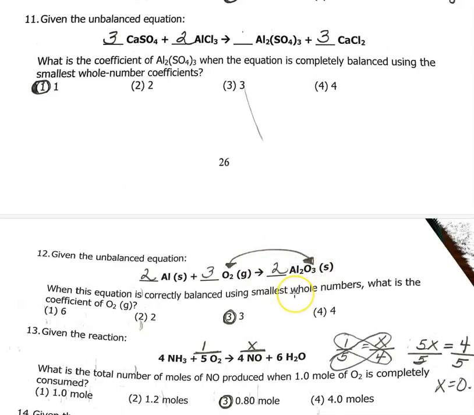That then changes my aluminums to 4, 2 times 2. Ooh, and I made a mistake there. I need to have a 4 here. Good thing I'm talking this out. See, even adults make mistakes. So this right here should be a 4.